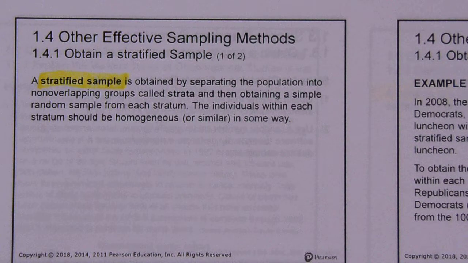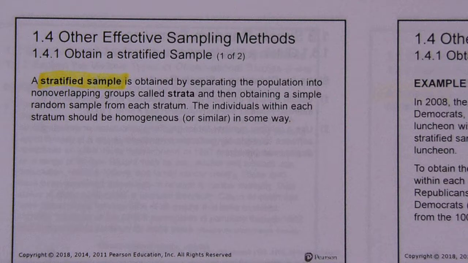Let's go again with the example of I want to find a sample of all Midland College students. I can separate them into, and usually they're already separated into some category, and I'm just using those categories. So think of categories that Midland College students are already separated into.